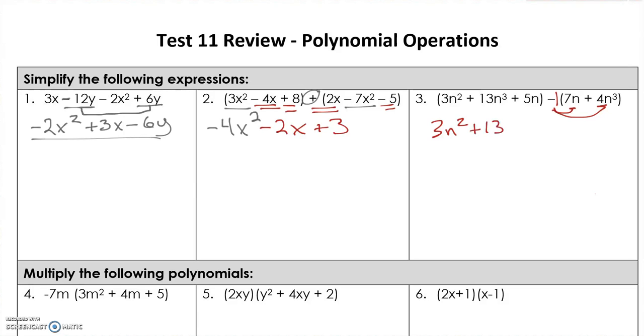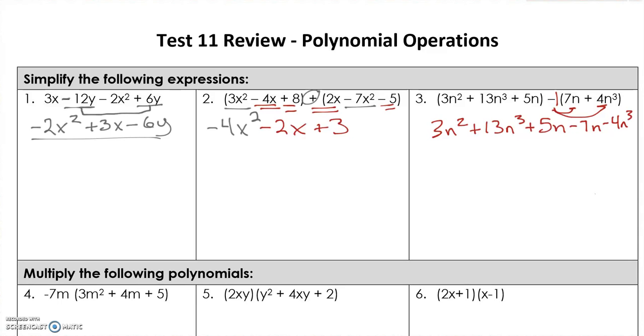So what I'm doing here is just rewriting this first polynomial, and then the 7n will now become a minus 7n. The plus 4n to the third will become a minus 4n to the third.